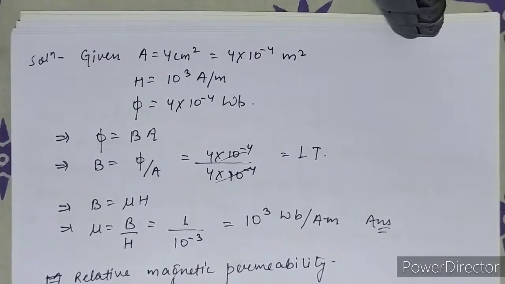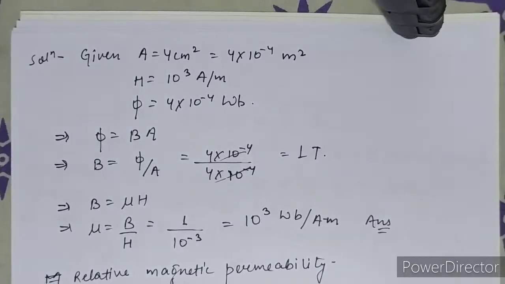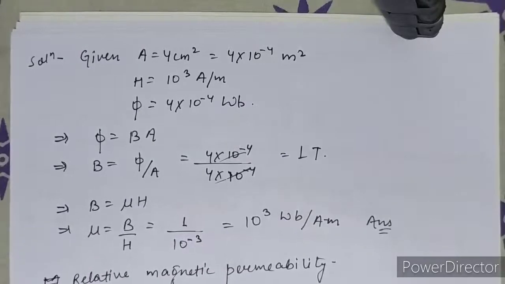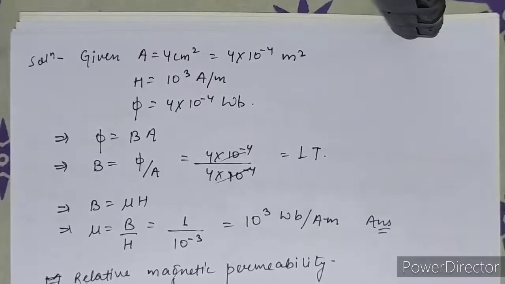And the third one that you have to calculate is the magnetic susceptibility, chi-m, and you have to calculate this on your own.